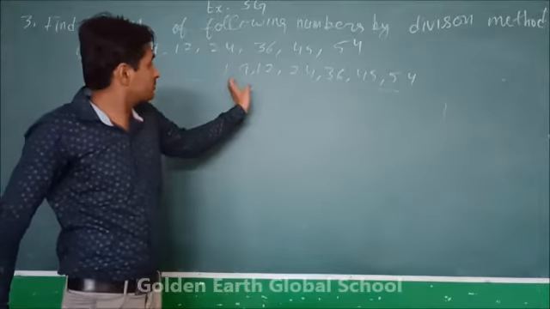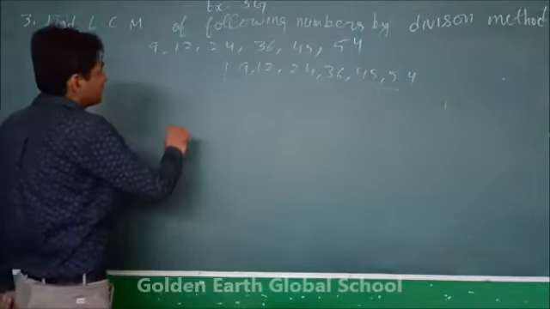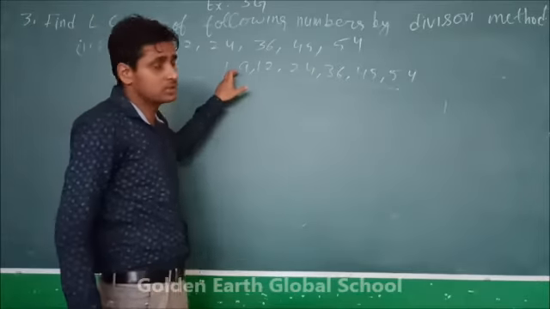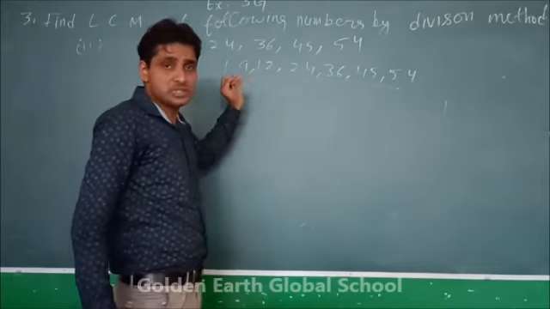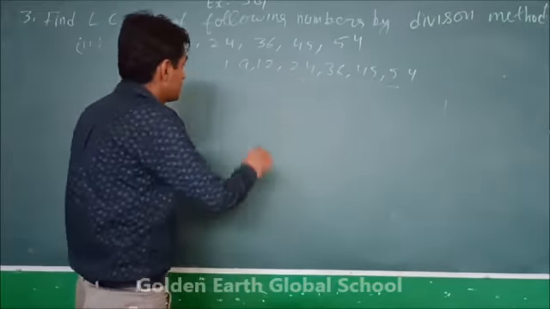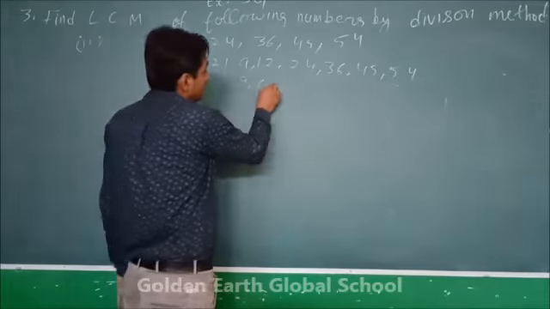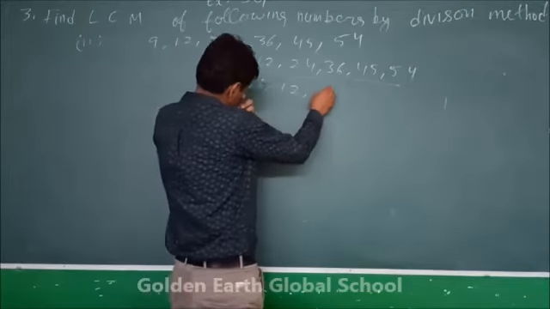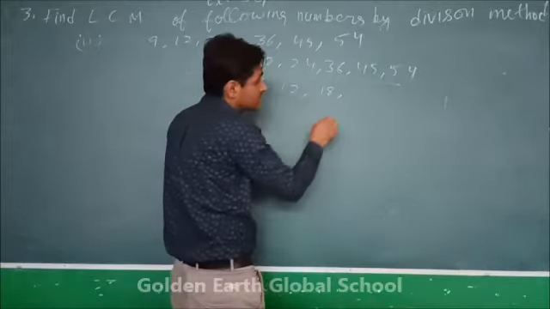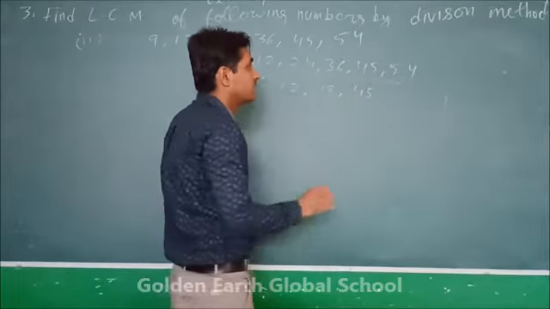But you have to write all numbers in one line. Okay, so firstly you find out the factors which is very less. Okay, so it can be divisible by 2. Okay, so 2 6 12, 2 12, 2 18, 36, 45 cannot divide, so it write like that only.